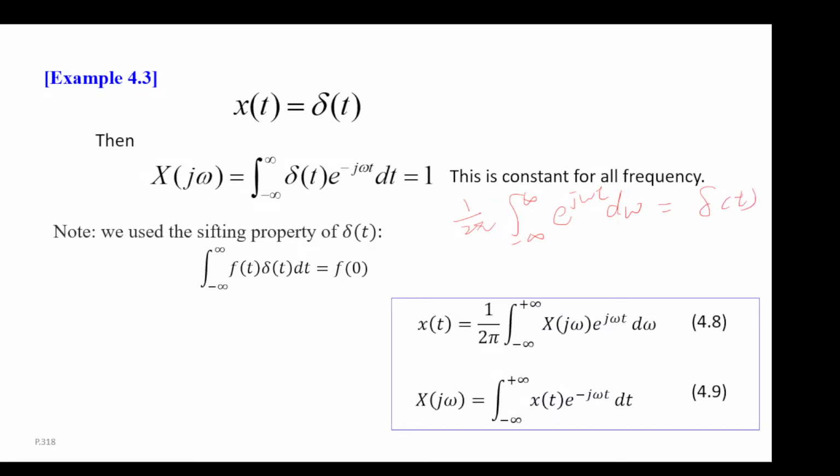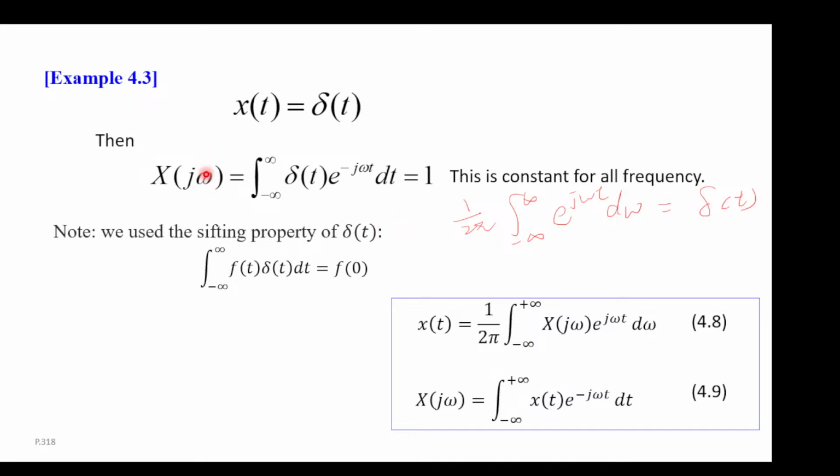Now this integration doesn't look convergent, so if you are really rigorous, you need ways to argue why this is true. It gets kind of circular, and one way to argue it is that we think these two are a Fourier transform pair.